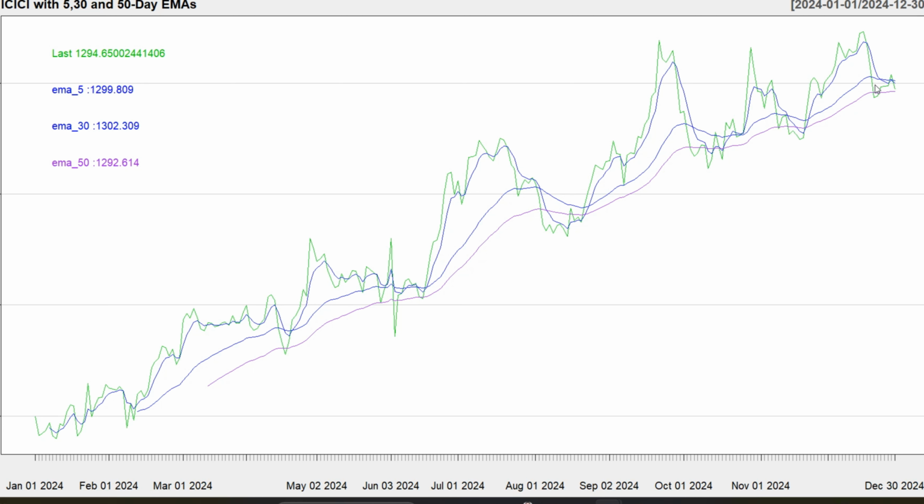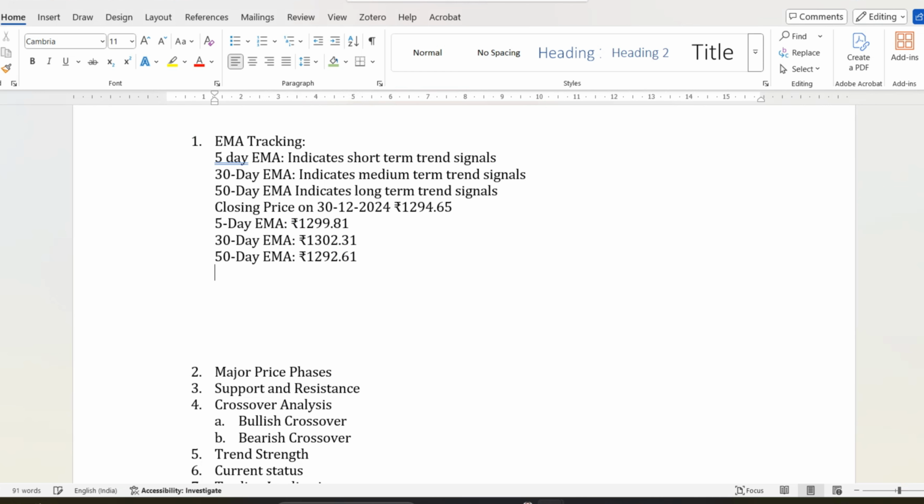Short term is not crossing the long-term trend, but it is crossing the medium-term trend here. You can expect a bearish cross. The medium-term trend goes straight here around the 1300 mark, but the short-term trend you can see is 1299. It's lesser than the EMA 30. So we can expect a slightly bearish trend is going on. Okay.